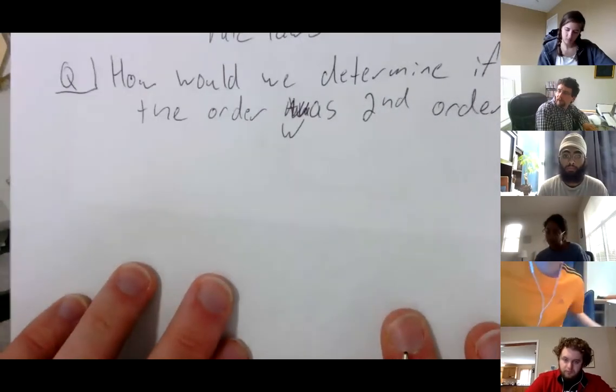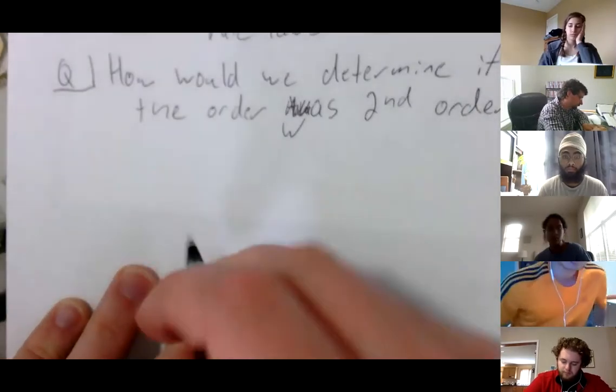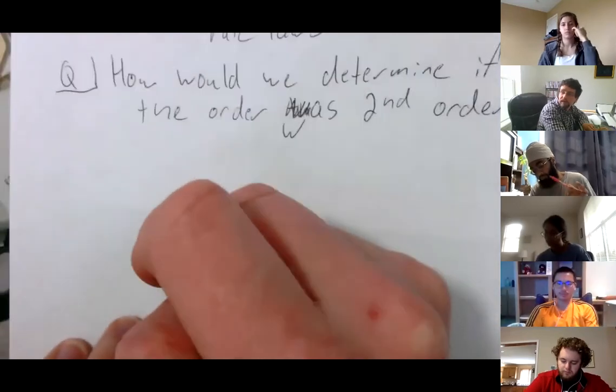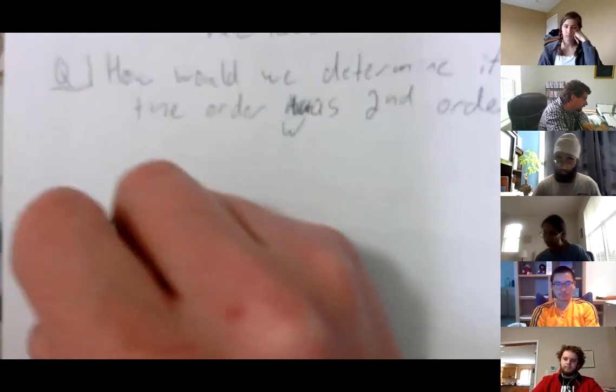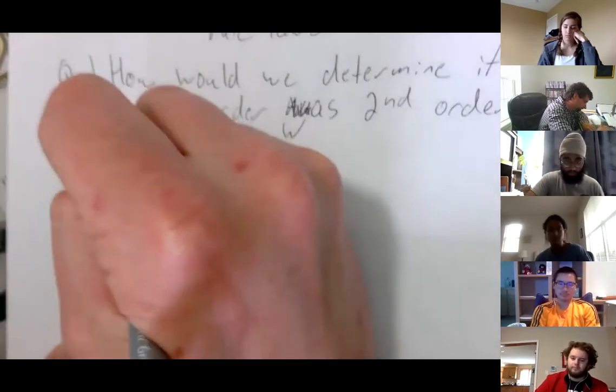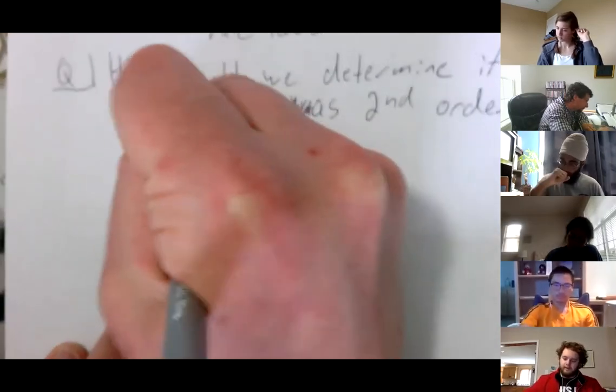What is the integrated rate law for a second order reaction? So what's it say in the manual for a second order? 1 over the concentration of A equals kt plus 1 over the concentration at 0.